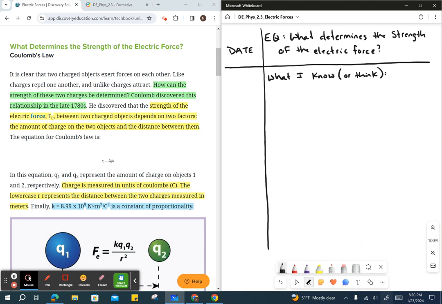Things that determine the strength of an electric force include, that could be a sentence starter for you. I think some factors that affect the strength of electric force include, you could use that as well. So you're just pausing your video and writing a few thoughts down here.